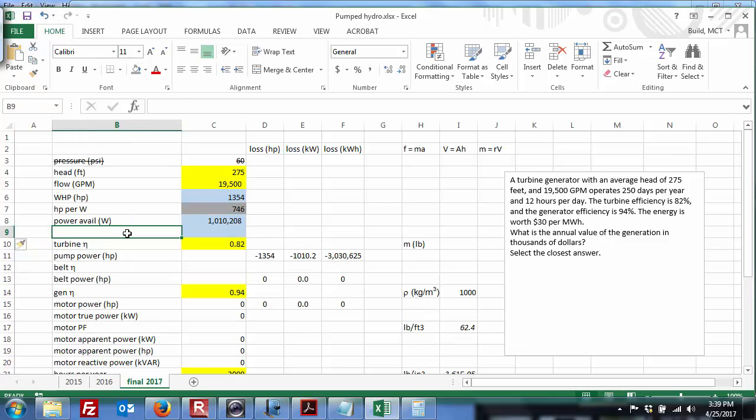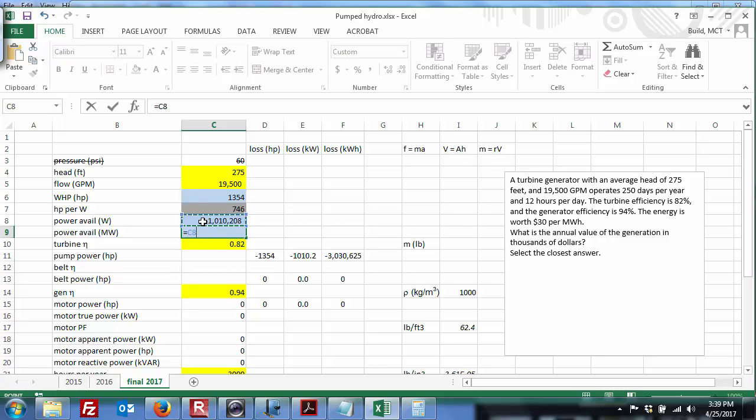Now let's do power. $30 a megawatt? Yeah, let's do power available in megawatts equals that divided by 1E6. Put a couple decimals on it. 1 megawatt.